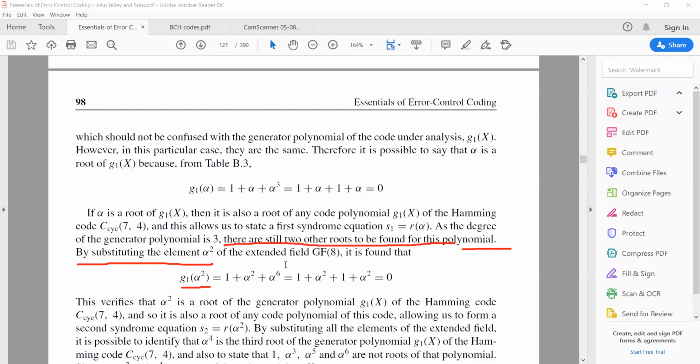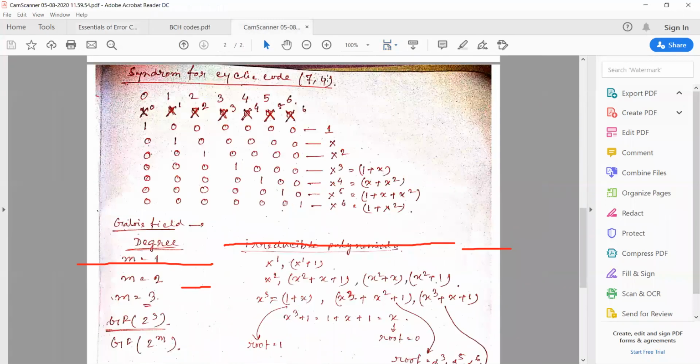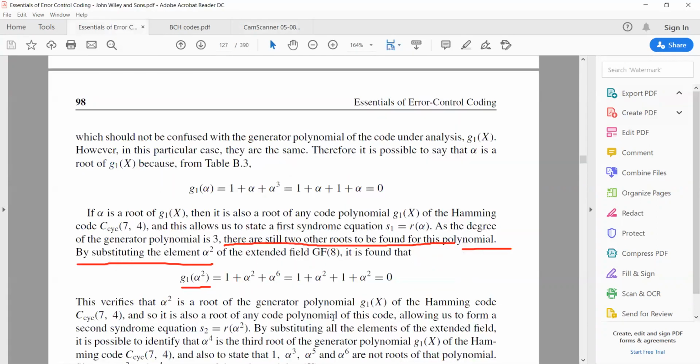Again we are using the results from our cyclic code. Go to the handwritten note: from this table, x to the power 6 equals 1 plus x square. So alpha to the power 6 means 1 plus alpha square. Again this addition is an XOR addition. So this makes the equation 0.